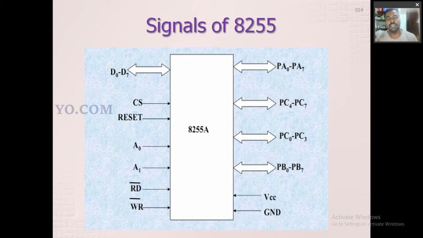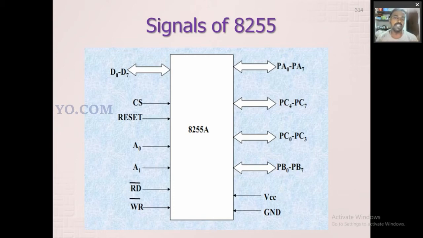Then chip select signal. The chip select signal is an input coming from the microprocessor, used to enable or disable this IC. Then reset: if we give a reset, then the 8255 is set into the default state. If it has any data, that data is lost and it comes to the default state.